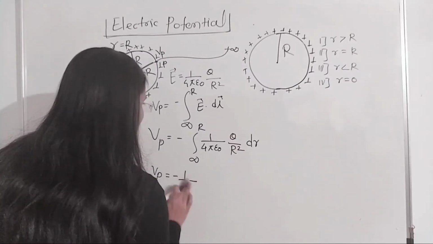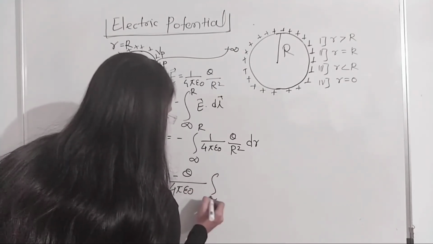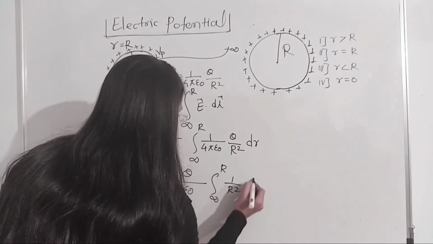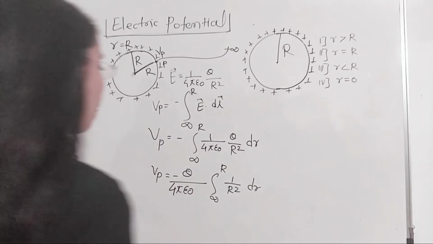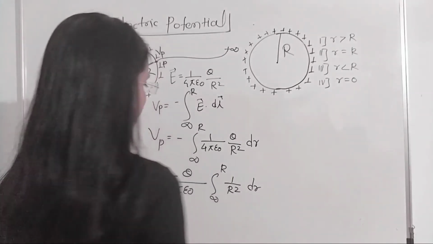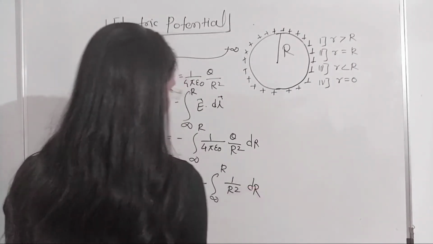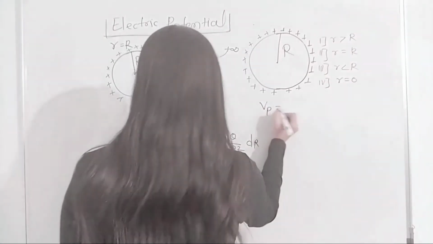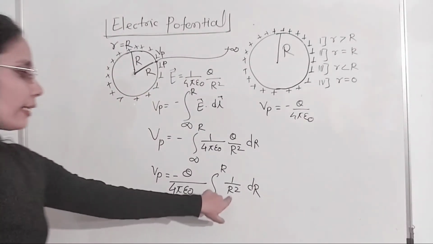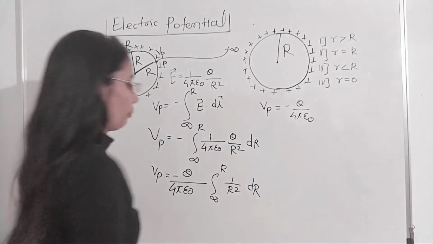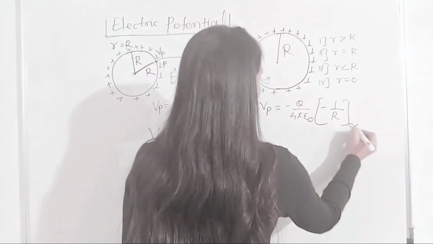Minus, Q is also constant here, that is Q by 4 pi epsilon naught, integral infinity to R of 1 by R square dr. Here we can take this dl as dr. So Vp is equal to minus Q by 4 pi epsilon naught, and the integration of 1 by R square is minus 1 by R, and the limit is infinity to R.